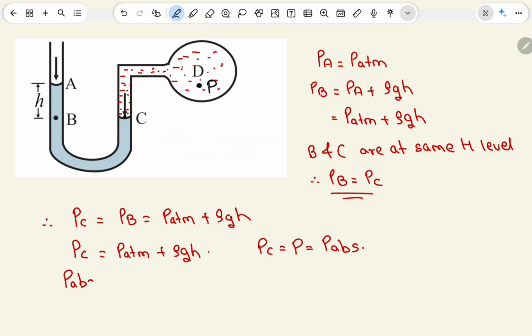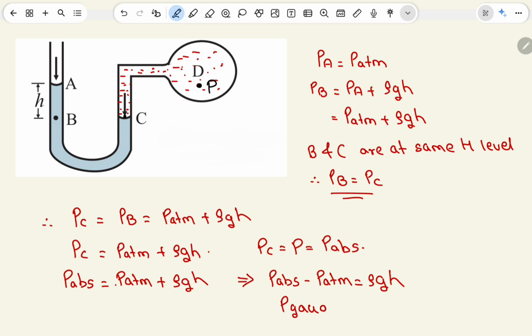So in place of PC, we can write P absolute, which is P ATM plus rho g h. And when we take the atmospheric pressure to the other side, we get P absolute minus P ATM equal to rho g h. And this P absolute minus P ATM is nothing but P gauge, which comes out to be rho g h.